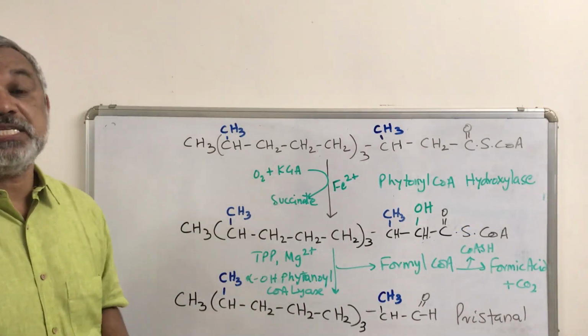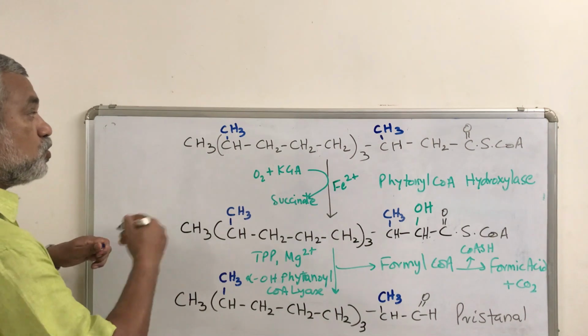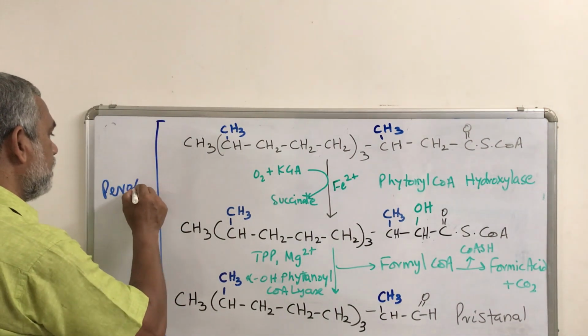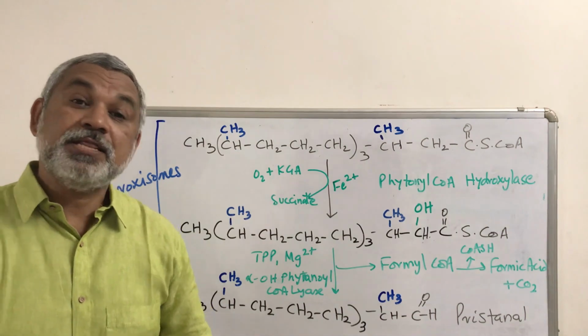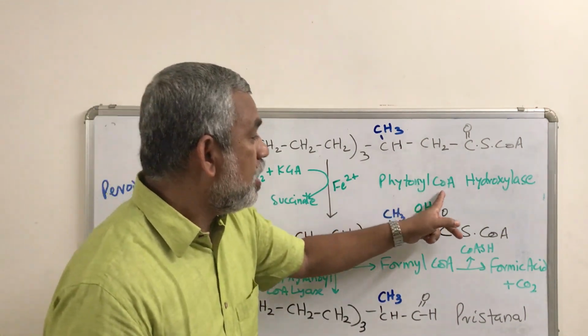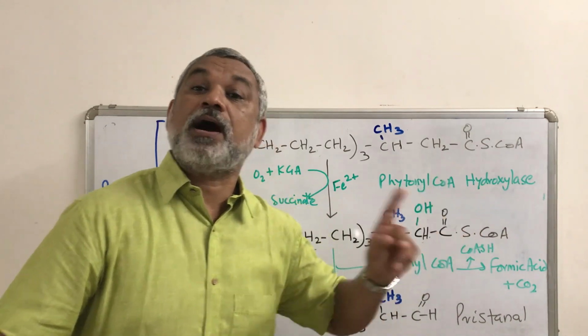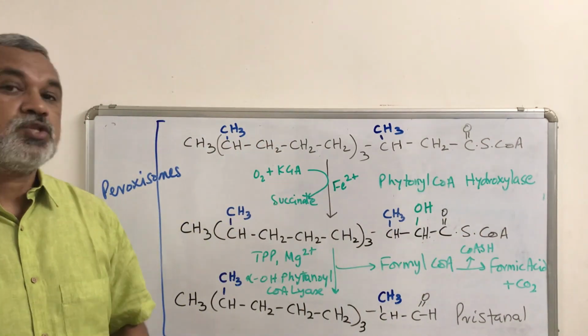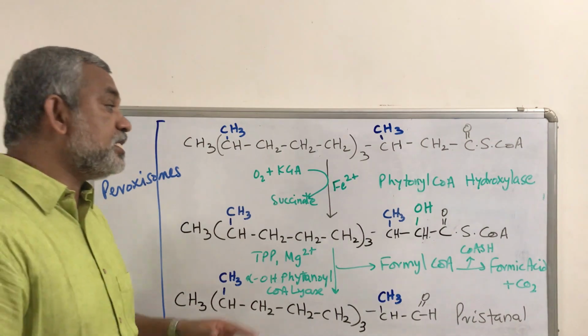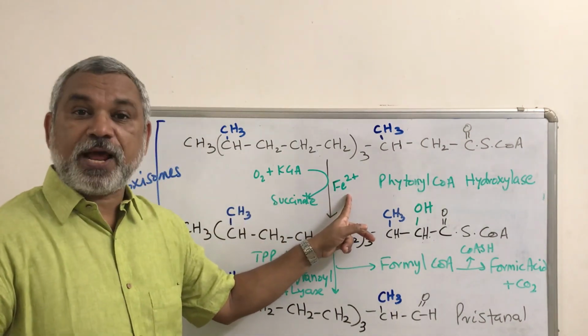What happens once it is in the peroxisome? All these reactions are happening in the peroxisomes. The first step will be catalyzed by the phytanoyl CoA hydroxylase enzyme. This enzyme has been elaborately studied, and it requires iron for activity.